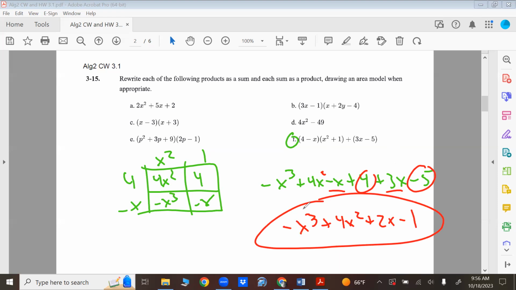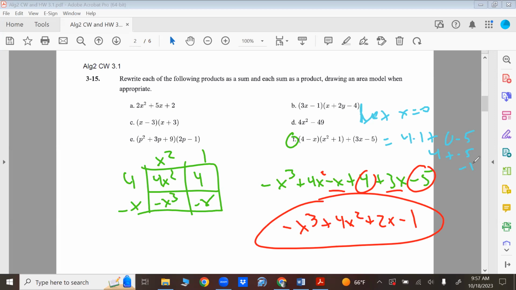Now, if you wanted to check your work, you could. It's actually not that hard to check your work. What you could do is make up a number for x. Like let x equal 0. If I plug in 0 for x, what do you get? You get 4 times 1 plus 0 minus 5. 4 plus negative 5 is negative 1.